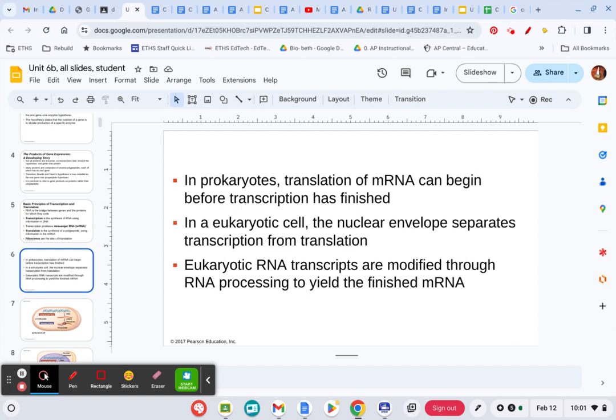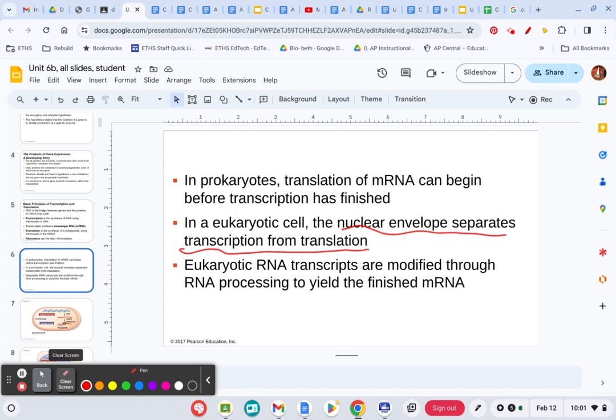In eukaryotes, though, there's a nucleus. There's a nuclear envelope that physically separates, and acts kind of as a barrier to transcription and translation. So one can't happen right after the other. It has to get through that nucleus and through that nuclear envelope.